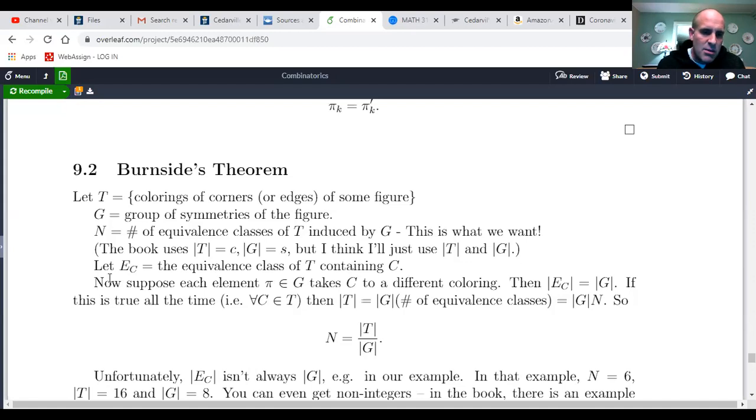And incidentally, because we're going to, from time to time, want to make reference to equivalence classes of certain colorings, we use this notation.